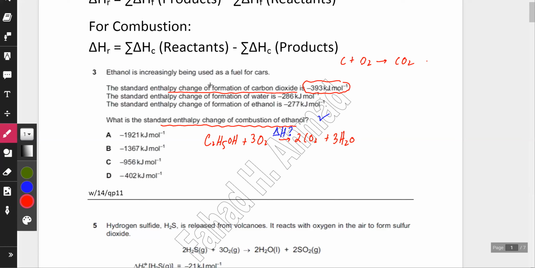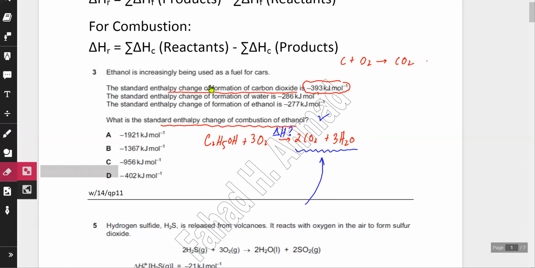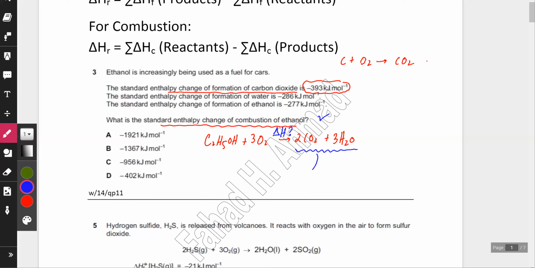So what I'm going to do is I'm going to start creating this path. You see carbon dioxide over here, right? So I'm going to form carbon dioxide from its elements. So it would be two carbons plus two oxygen molecules, and I'm going to keep water as it is.